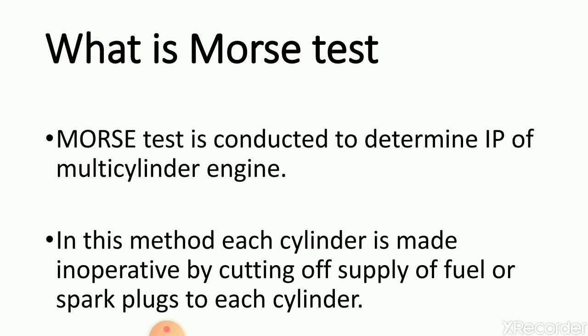So in this Morse test we are going to find out the indicated power, because as we know, the brake power available on the crankshaft can be measured by any brake dynamometer, but indicated power is very difficult to find out with the help of any external device.